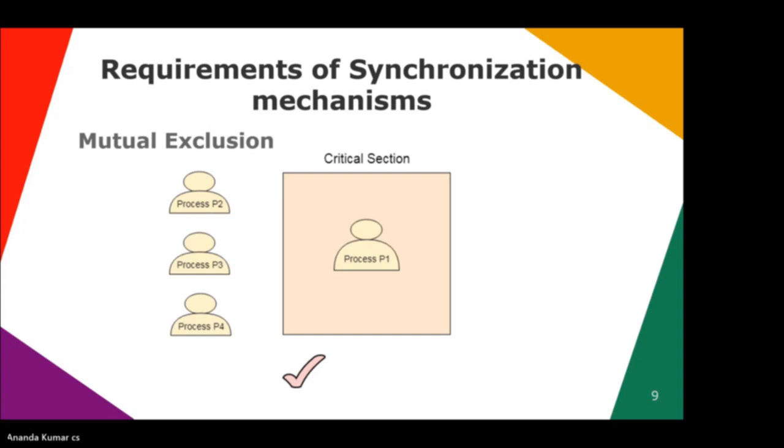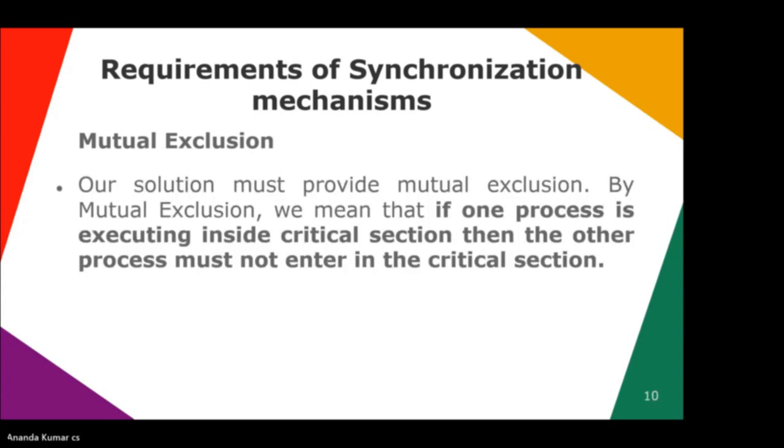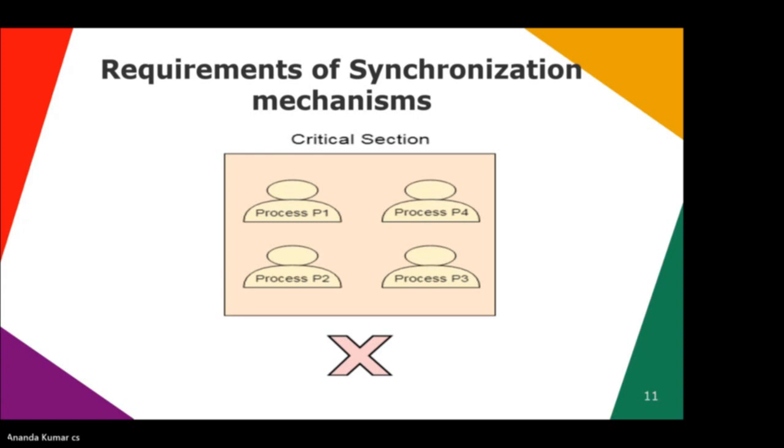When one process enters the critical section, the remaining processes wait; at a time only one process executes, and multiple processes do not enter. This is a correct state. One process is executing inside the critical section, so the other processes must not enter. If multiple processes are inside the critical section executing simultaneously, it is not allowed. This is a wrong one.